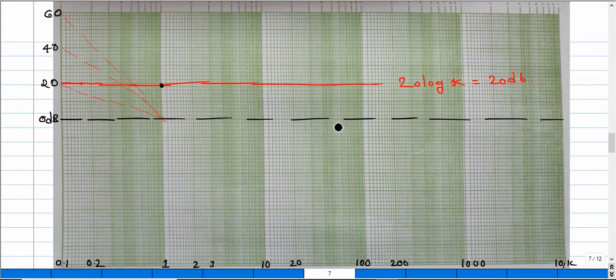So the slope of minus 40 from 0.1 to 1 rps is what we are drawing. Here you need to place a scale and draw a line parallel to minus 40 dB per decade.